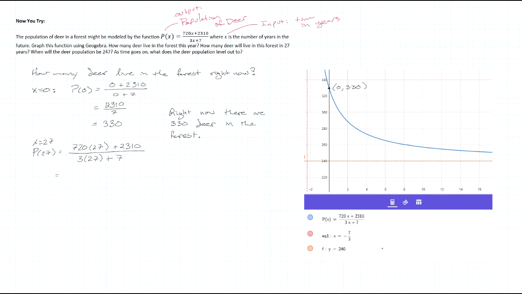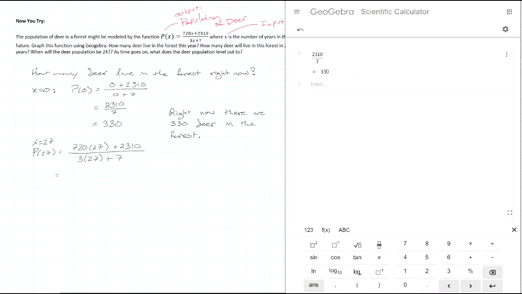And let's definitely get the calculator out for this one again. For that last computation, we have a division, 720 times 27 plus 2,310 over 3 times 27 plus 7. And let's go ahead and get an approximation.